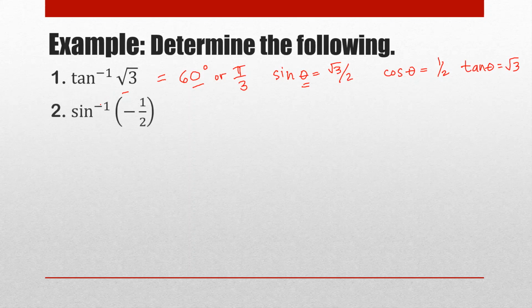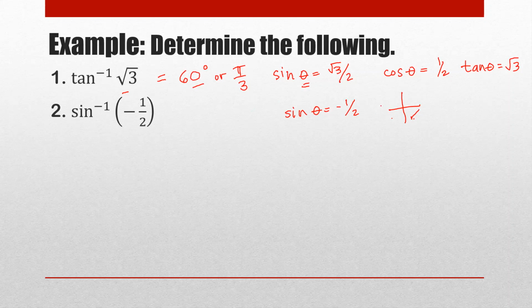What about arc sine of negative 1/2? So, kailan nagiging negative 1/2 yung sine natin? That means parang ganito yan, no? Sin theta equals negative 1/2. Yan. So that happens when you are in quadrant 4, no? Or quadrant 3. Pero quadrant 4 yung ating source or quadrant 1 for the arcsine function.